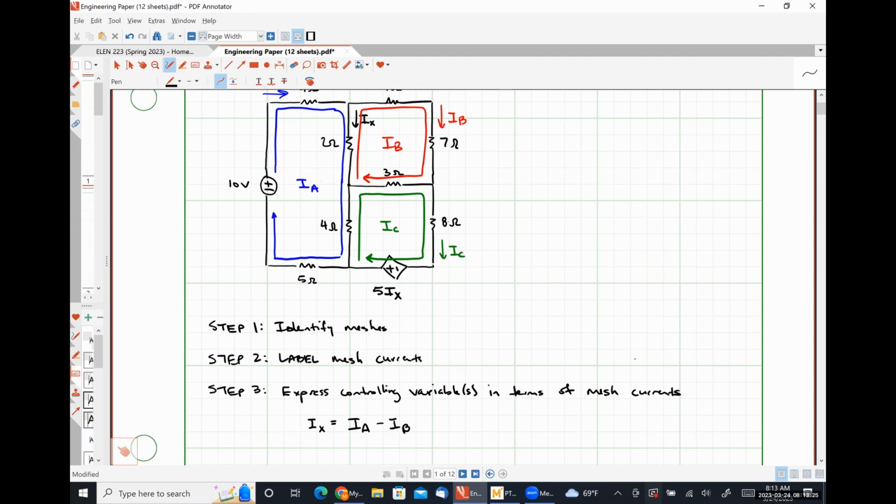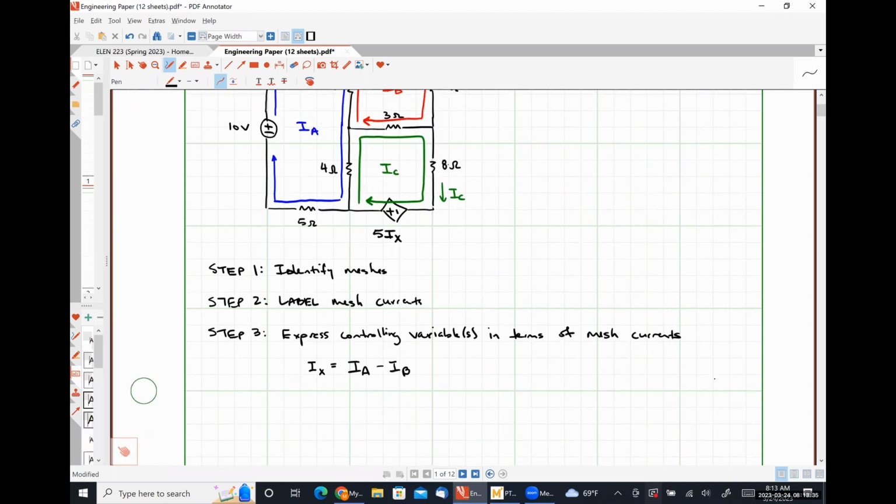Because we only have voltage sources in this circuit, we're not going to have to worry about super meshes or anything like that just yet. So instead, we can go ahead and start writing our Kirchhoff's voltage law equations, right? So step 4 will be to write a KVL equation for each mesh.